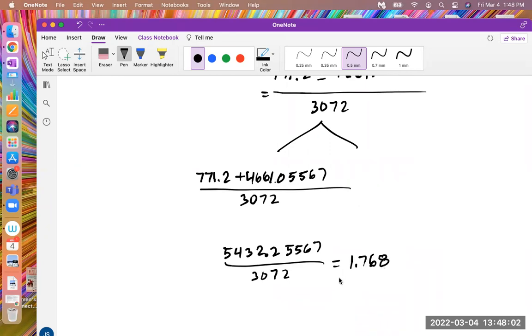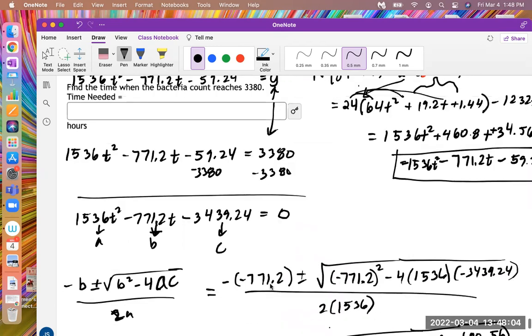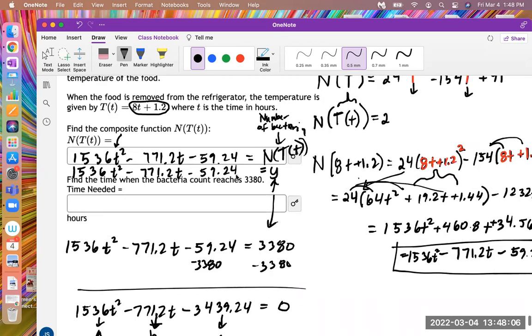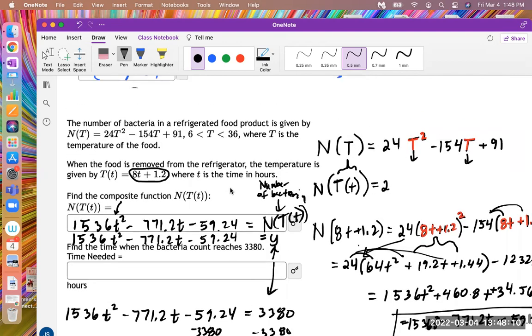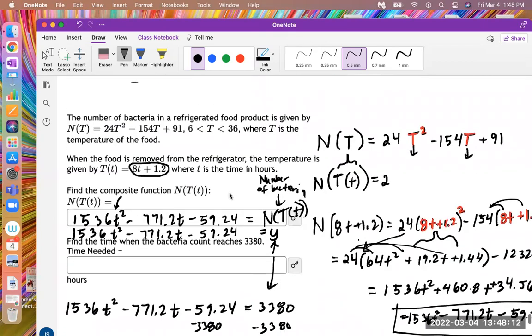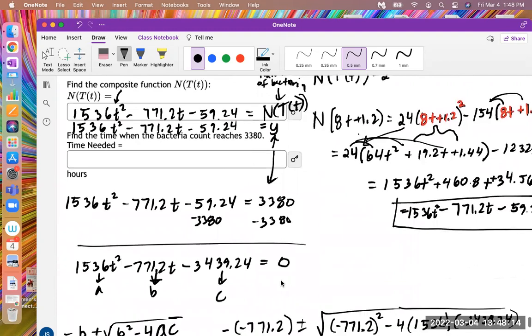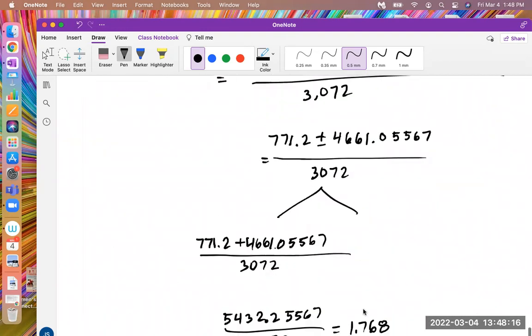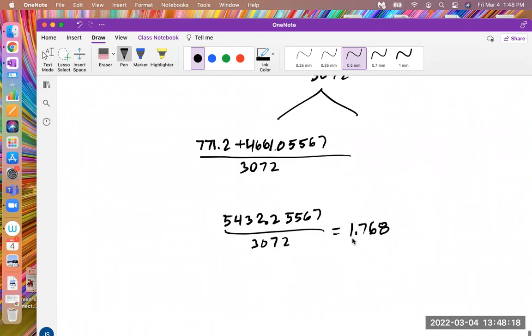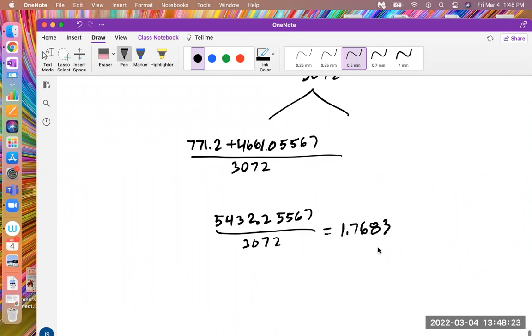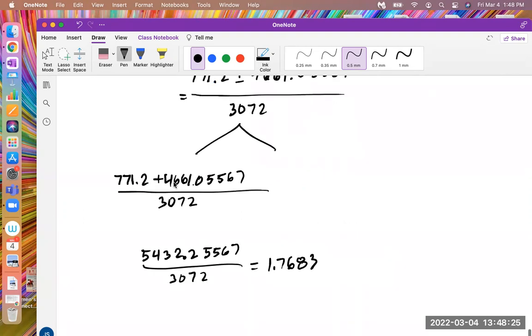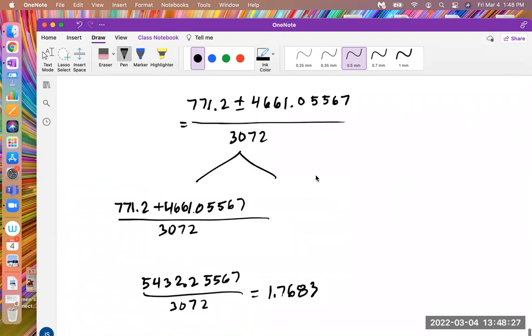And let's see how many decimal places they want us to. I'm going to just be safe here and put like 4 decimal places just to be extra good. So that's one answer. The other answer is if I subtracted, but I notice what happens when I subtract in the numerator.